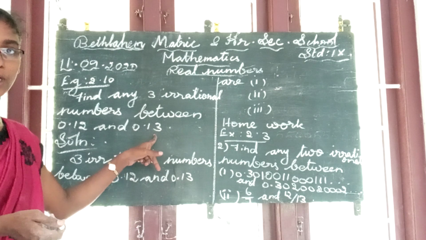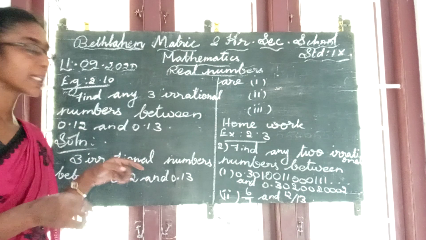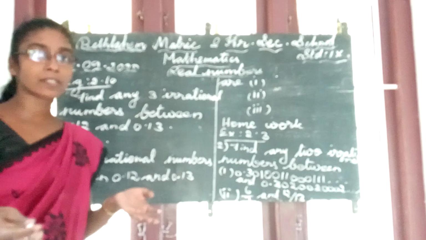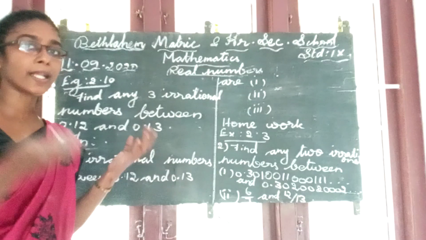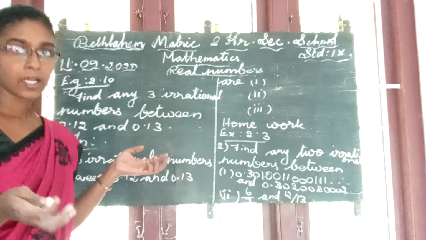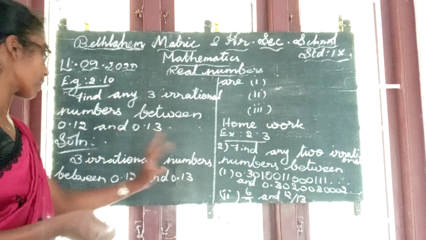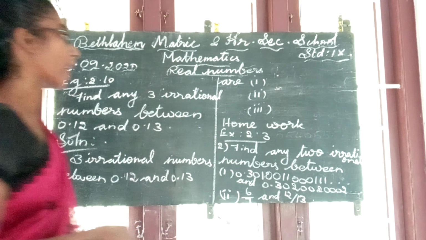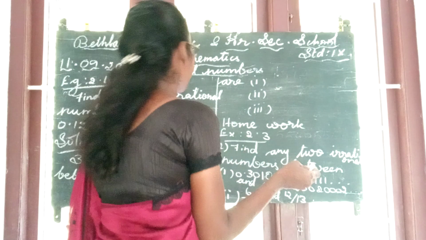I already explained that between two rational numbers infinitely many irrational numbers are there. We can find any three irrational numbers. Three irrational numbers between 0.12 and 0.13 are, can you say?